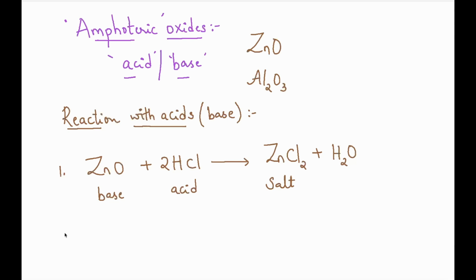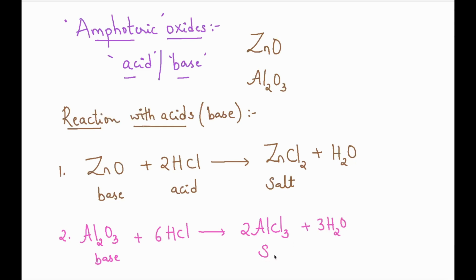So let's study the reaction with aluminium oxide. Al2O3 is acting as a base. It can combine with HCl and forms aluminium chloride, which is AlCl3, plus 3 molecules of water.